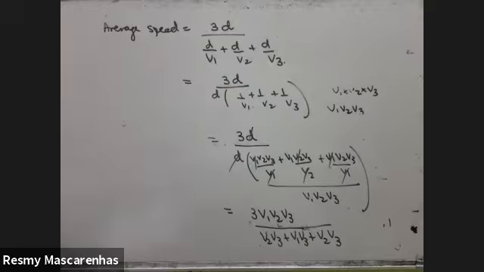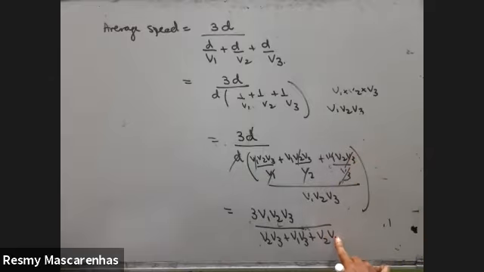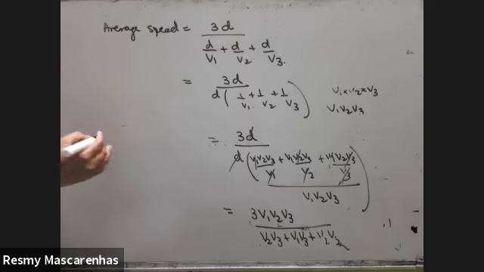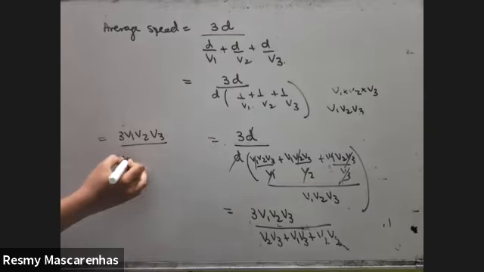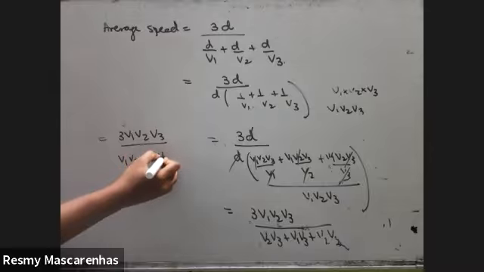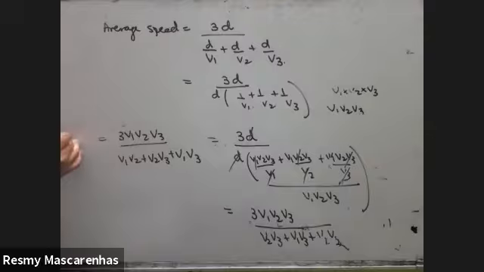Somewhere I've kept the same letters. Wait, there it was V3. Just correct this. If you want, you can rearrange the letters: 3 V1 V2 V3. So this is the average speed. I missed V2.